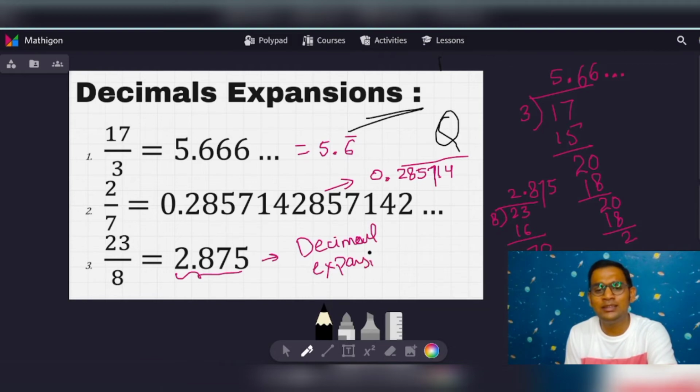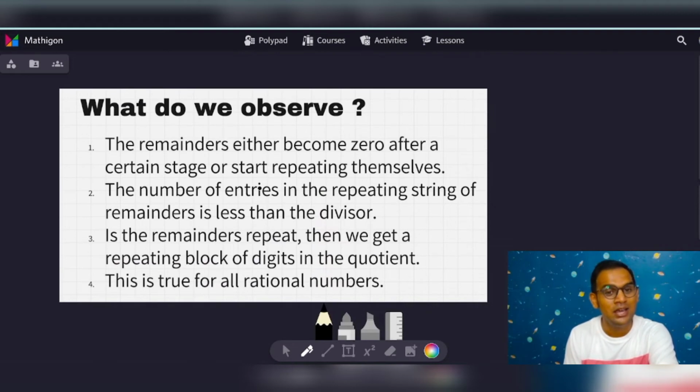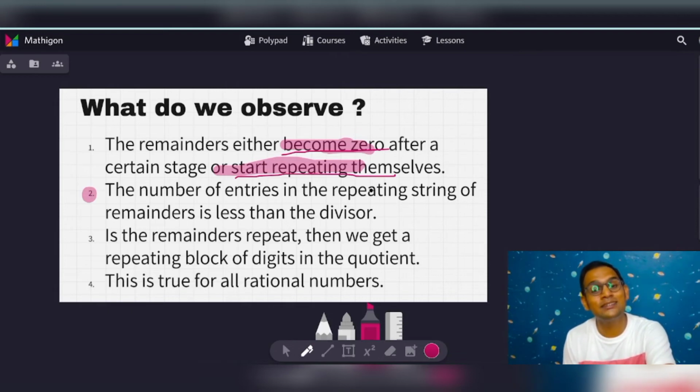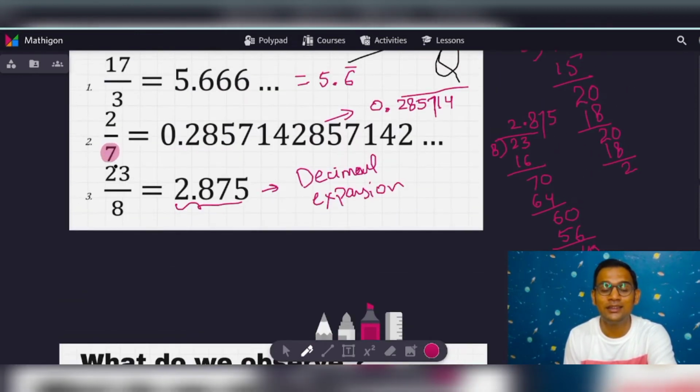So with these examples, what do we observe? The number one observation is that the remainders either become 0 after a certain stage or start repeating themselves. I repeat, they either become 0 or they start repeating themselves. The second observation is that the number of entries in the repeating string of remainders is less than the divisor. As you can see, with divisor 7, after 6 decimal places it starts to repeat.